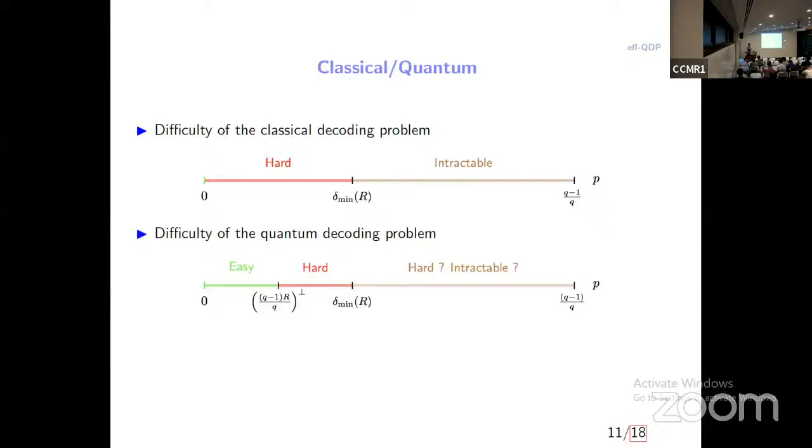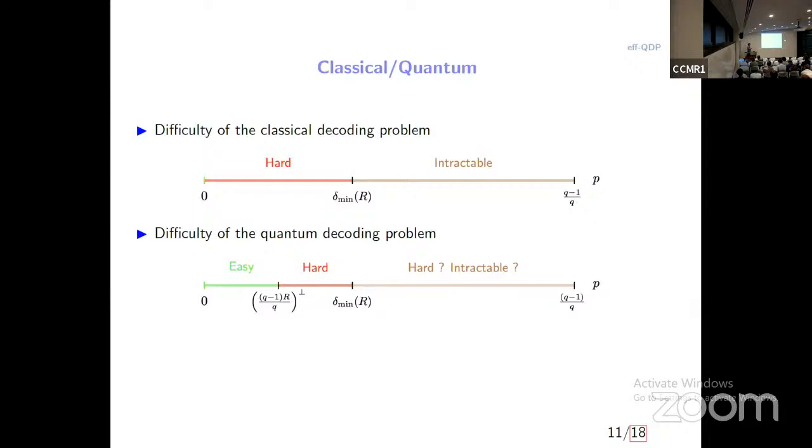Now, there is a whole regime of parameters where the quantum problem is easy, and can be solved in polynomial time. In the other regime, right now we don't know, but at least there is an exponential time algorithm for doing this, just by measuring the state and solving it classically, because you have exponential time algorithms for solving the classical decoding problem.